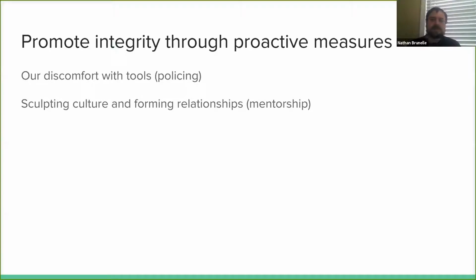Using these tools to encourage honesty by discouraging dishonesty, that is, having more of a policing-like approach, is at odds with our preference to have more mentorship roles with our students. In order to have this mentorship role, we really need to form relationships with our students, be role models for our students, and think of our students as people who we are there to help.